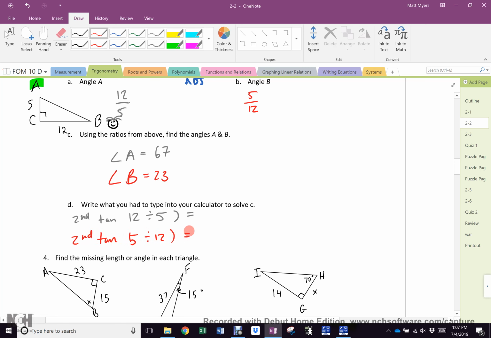Because my calculator gives me this first bracket automatically. Some of your calculators might, some of them won't. So you have to figure it out. Can everybody do it? Because there's no point going on if people can't do this little bit of trig. Can everybody do it? Yeah? Okay. Let's move on a little bit.